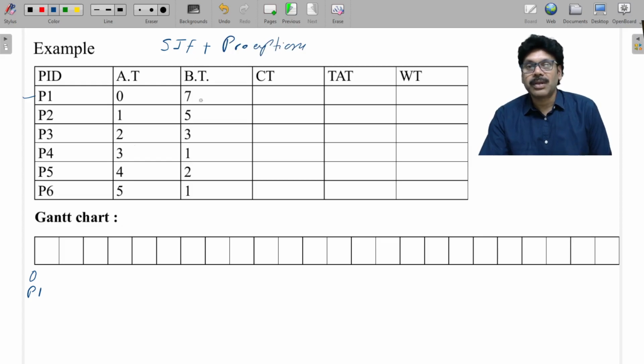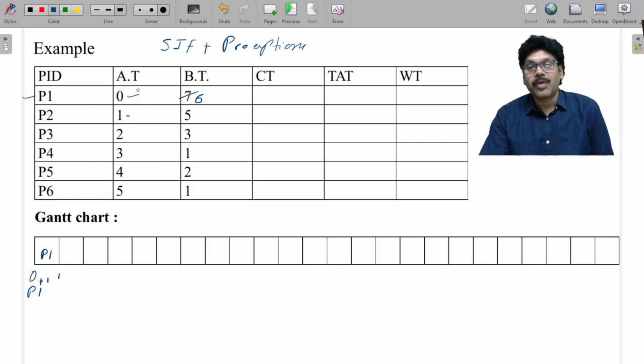So as a principle, execute up to the next arrival time. P1 executes at 0, another process may come at 1, so execute up to the next arrival time. I cut only 1, the balance is 6. So I executed P1 for 1 unit of time. It is still not completed; there are 6 more units to be done by the CPU.